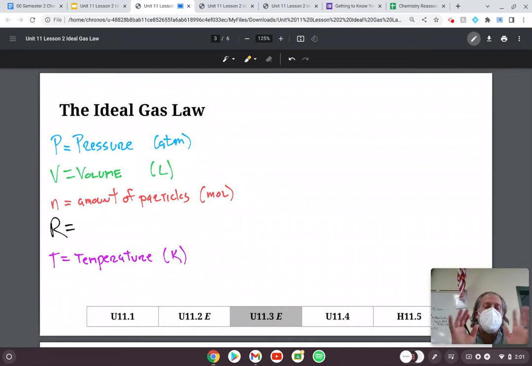But when you were making observations about all four of these variables, there was always a difference between the observation and the math that scientists did, and that difference was always roughly the same value. So, in order to make the math match the observations, scientists developed something that we call the ideal gas law constant.